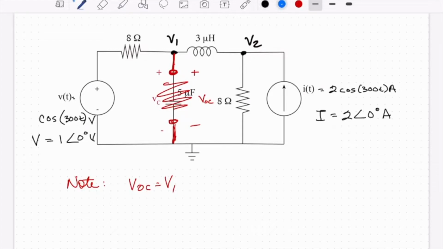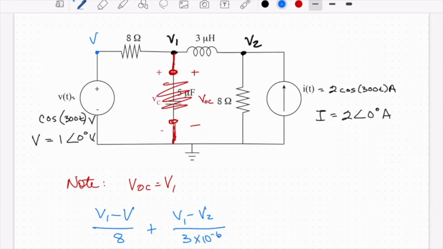So as we go, at this node, we have a current leaving here and a current leaving here. And of course, this is an open circuit, so there is no current leaving. So we'll say (V1 minus V) over 8 plus (V1 minus V2) over 3 microhenries, so that's 3 times 10 to the minus 6.